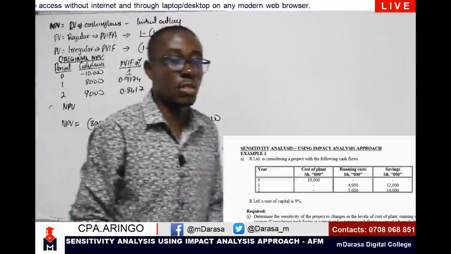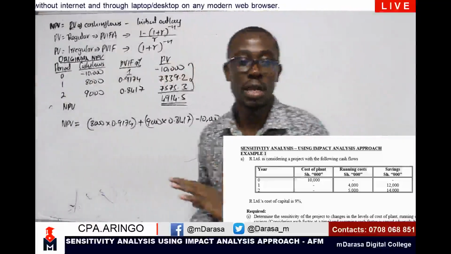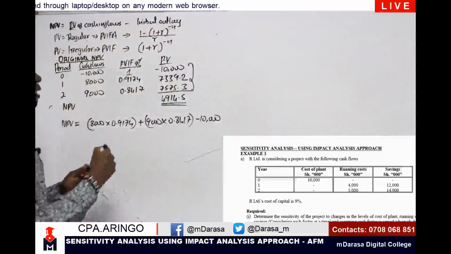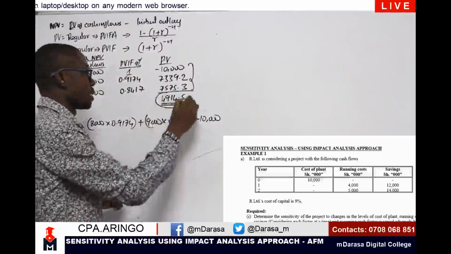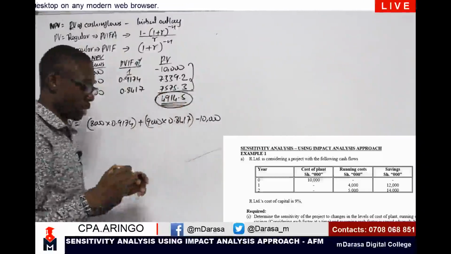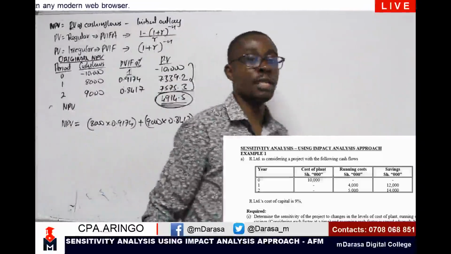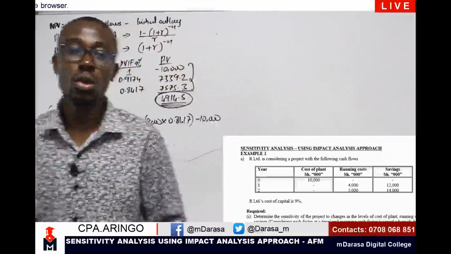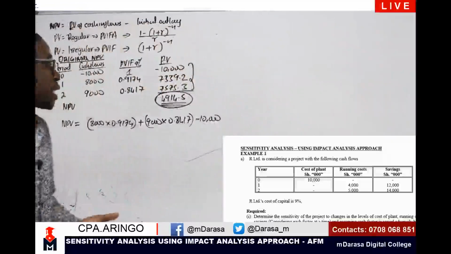As long as you know what you're doing, you can use so many routes, right? So basically, this is our NPV that we've determined. That will be our first step. Remember, our question was not determining our NPV, but rather we were asked to work out our sensitivity analysis.